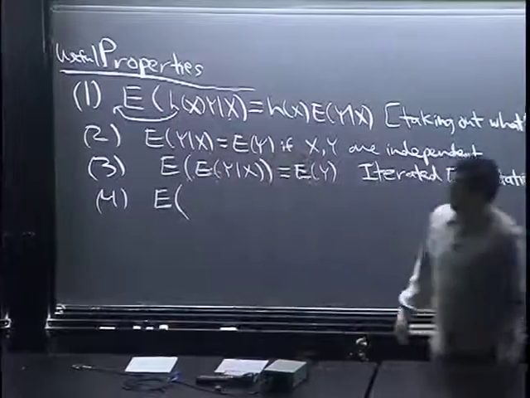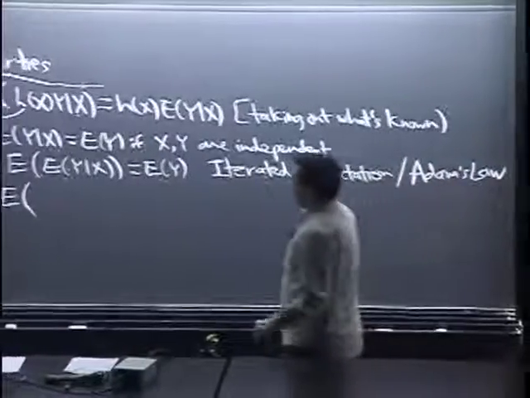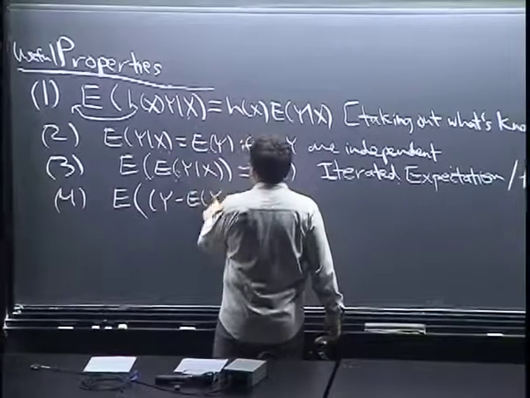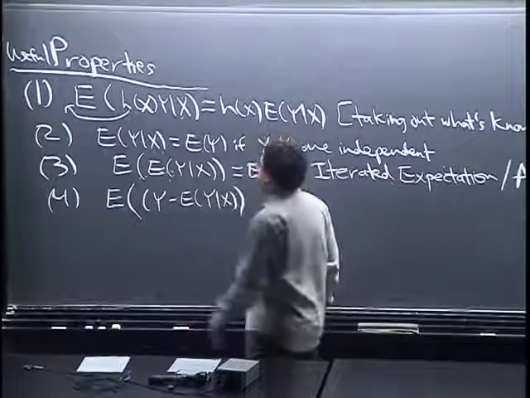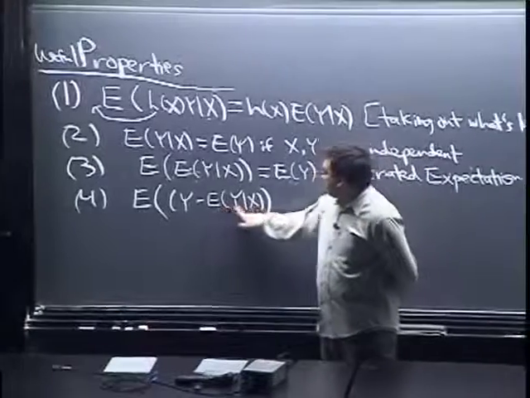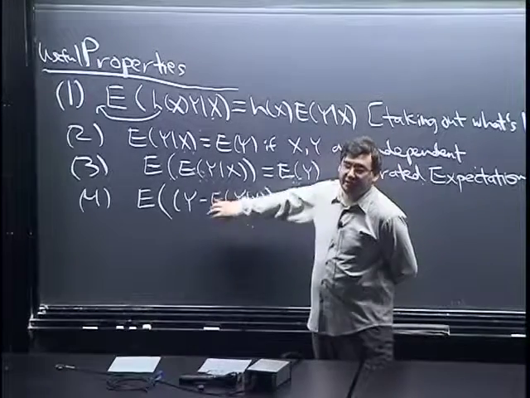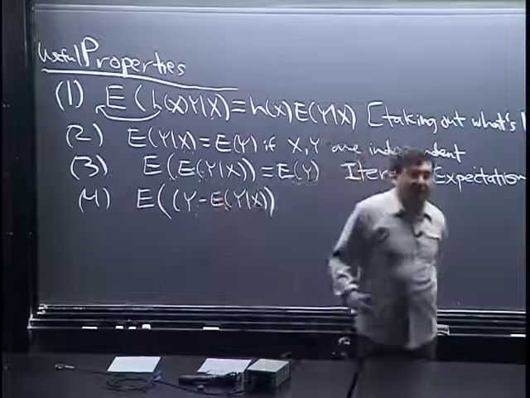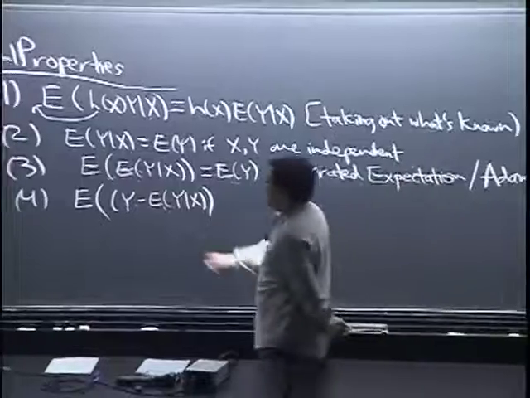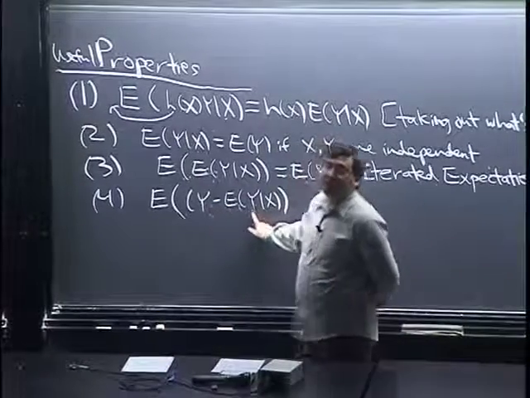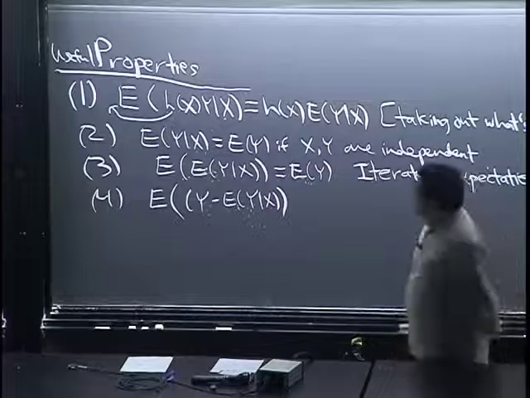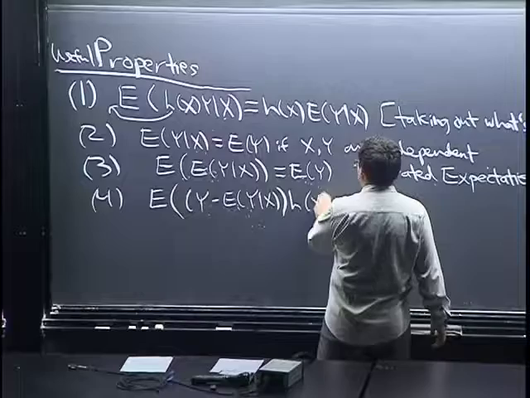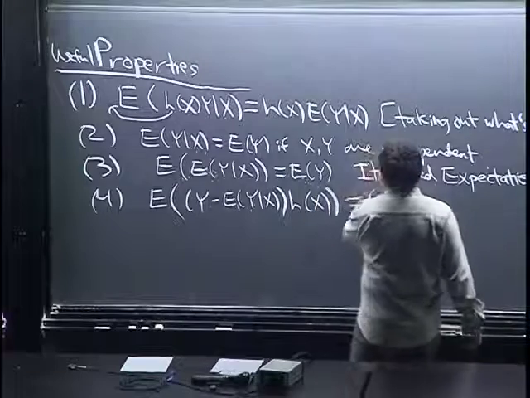And that one is that if we take Y minus E of Y given X, that's a natural thing to look at because we're thinking of this as the prediction. That is, we're using X to predict Y. E of Y given X is our prediction. So Y minus that is just how far off the prediction is, right? That's the actual value of Y minus the predicted value of Y. And then the statement is that if we multiply this by any function of X, we'll always get 0.